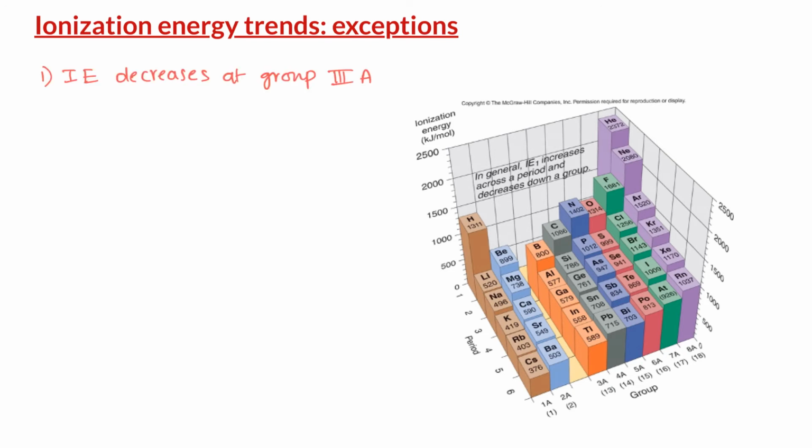When we move from group 2A to 3A, the ionization energy decreases as opposed to an increase. We will take the first elements in both the groups to give an explanation for this. When you go from beryllium to boron, the electron enters into a p orbital.